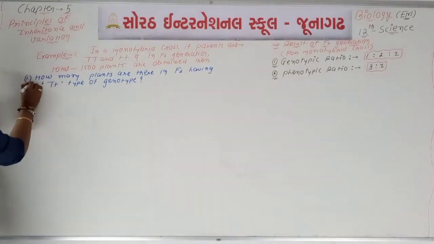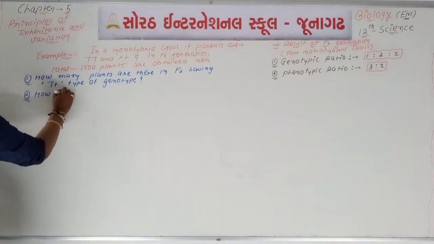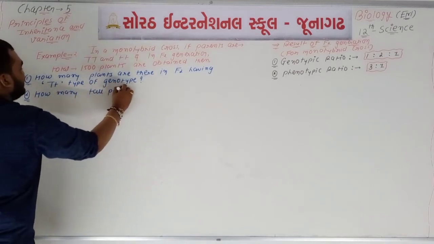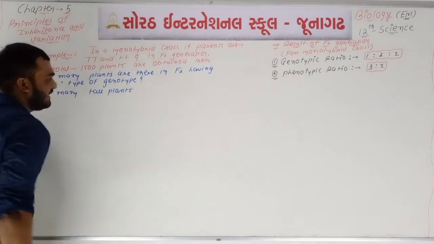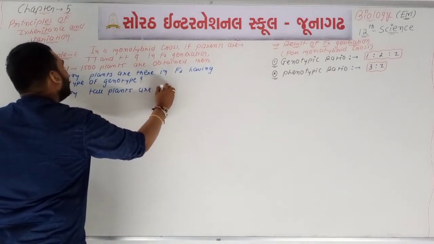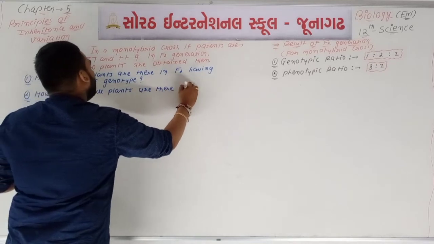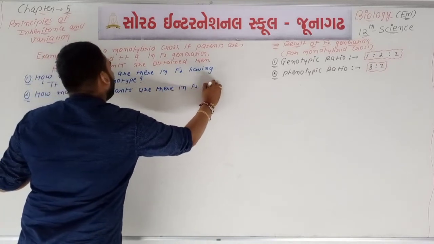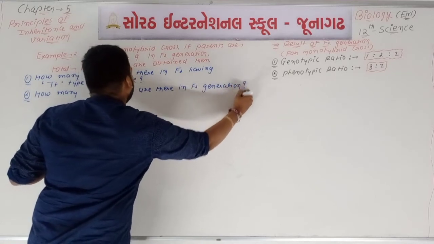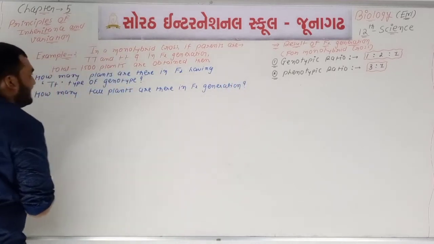Second question: how many tall plants, so we are talking about phenotype, are there in F2 generation? So two different types of questions are asked.